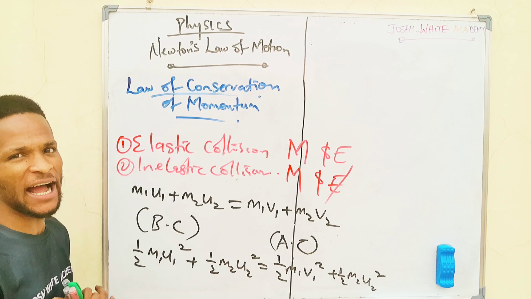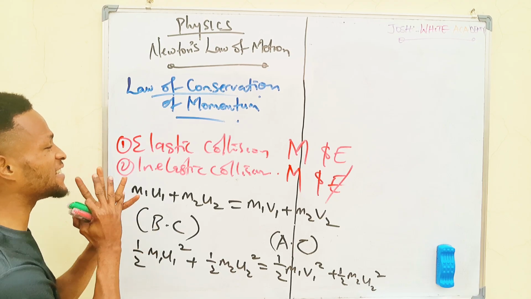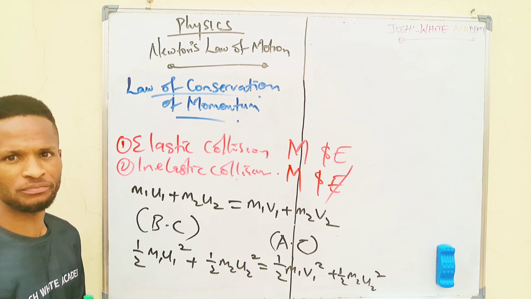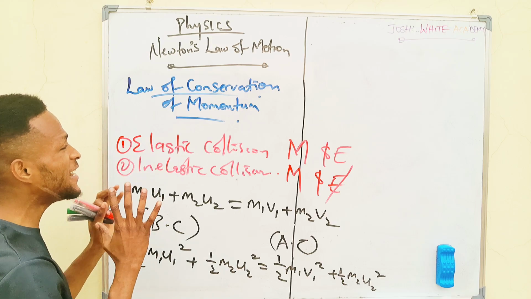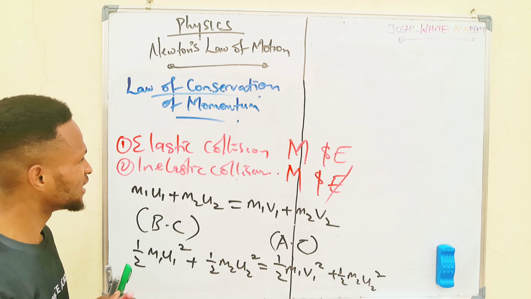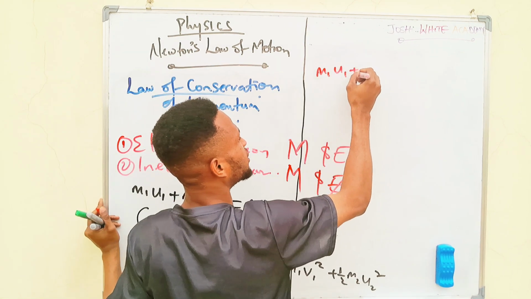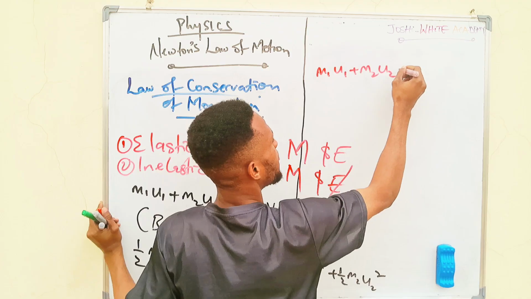But most of the time, the kind of collision we experience is inelastic collision. Now, in a perfectly inelastic collision, before collision will be m1 u1 plus m2 u2.